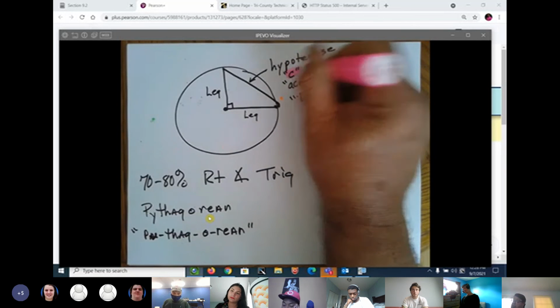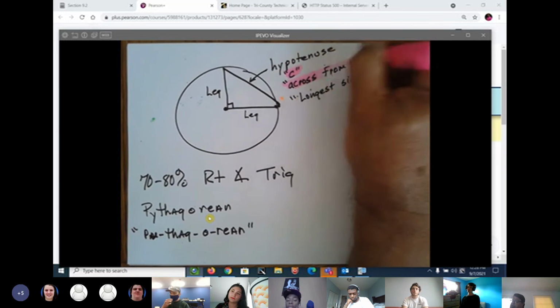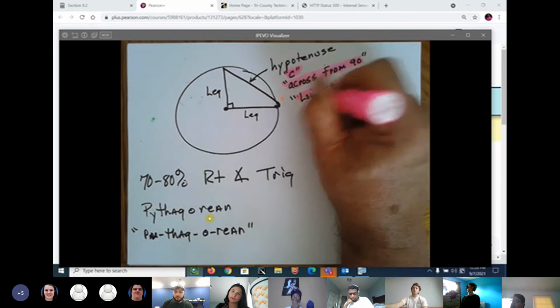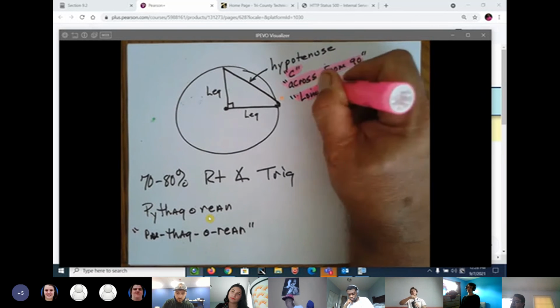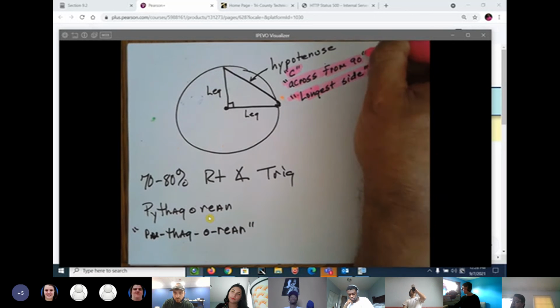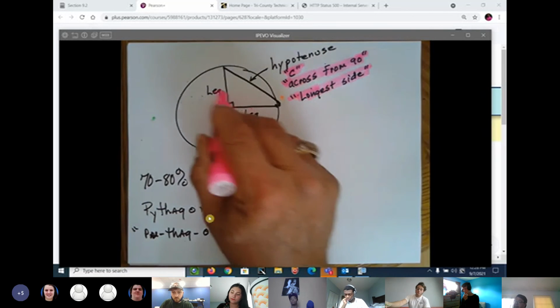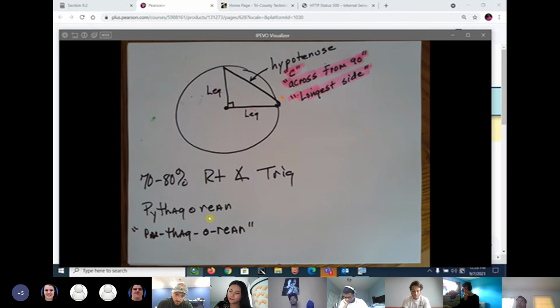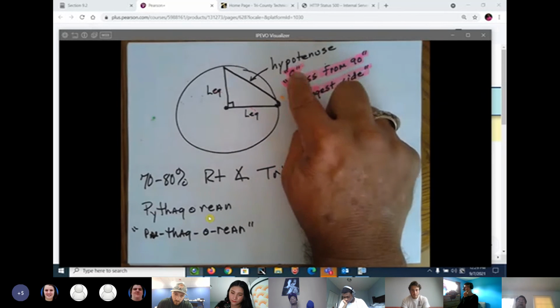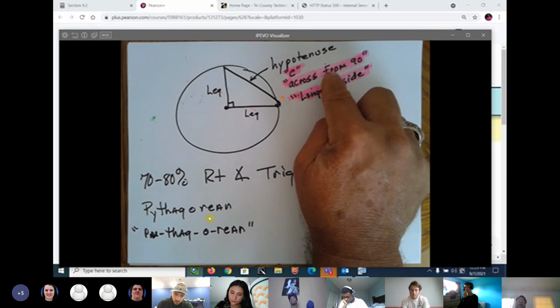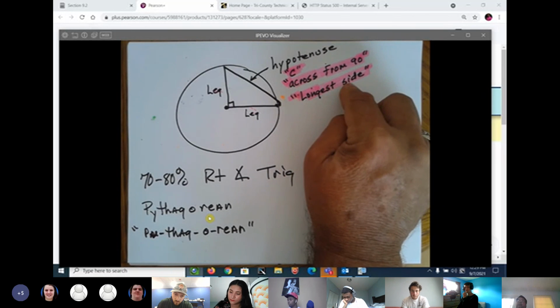The legs you really don't care about because addition is commutative, and it doesn't matter if you mess them up because a leg is a leg, so it doesn't really matter which one you assign as far as the legs go. But the hypotenuse is always C. It's always across from 90 degrees, and it's always the longest side.